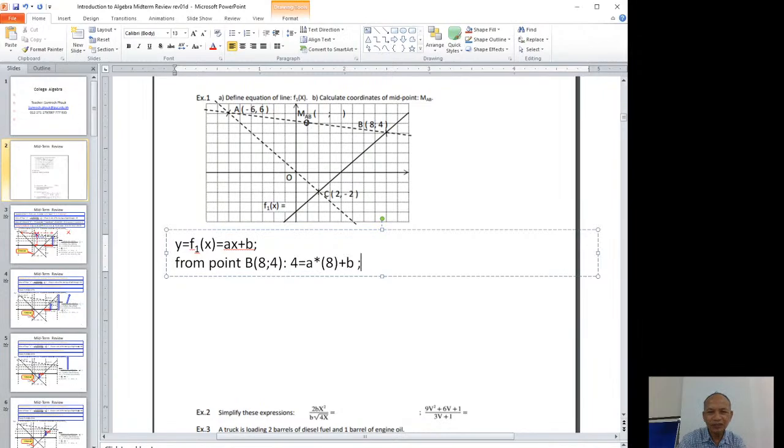So 4 equals 8a plus b. This is one equation. Okay. Equation number 1. You can see equation number 1.